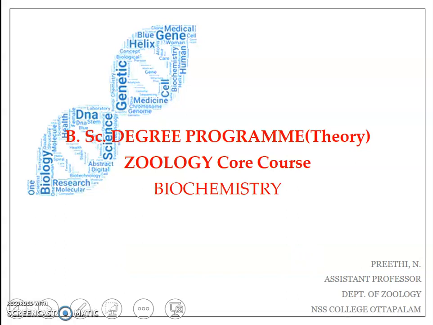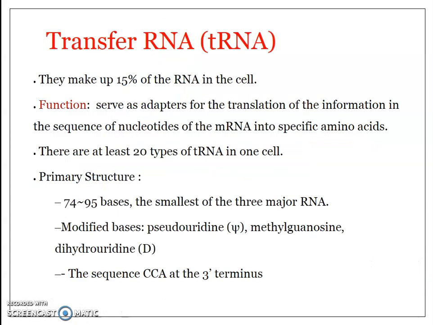Welcome back. Here we are with a session on biochemistry where we are going to discuss the biochemistry of transfer RNA, or the tRNA. Transfer RNA is otherwise referred to as soluble RNA or the adapter RNA, and it is involved with the transfer of amino acids from the amino acid pool in the cytoplasm to the protein synthesizing machinery which is present on the ribosome.